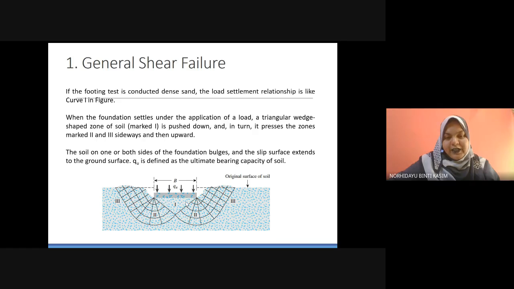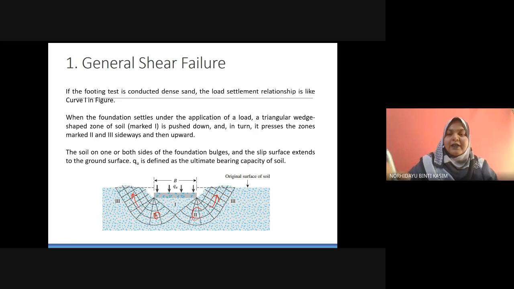The first shape will be number one, a rectangular shape zone, and then it will press the surrounding soil, which is number two and number two, and then it will push up the soil.